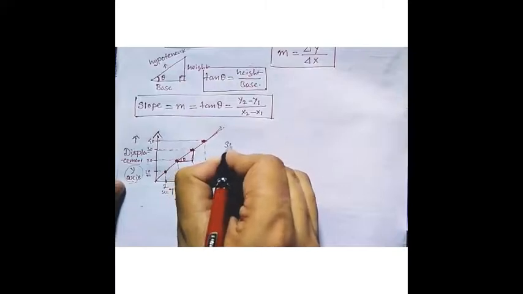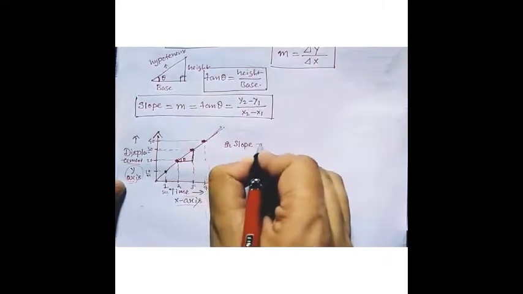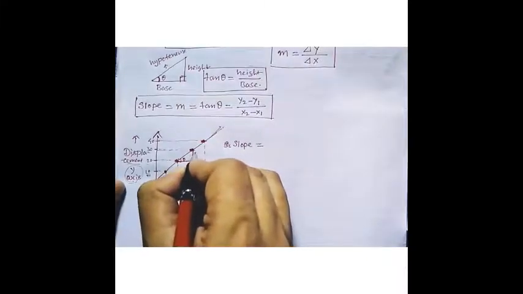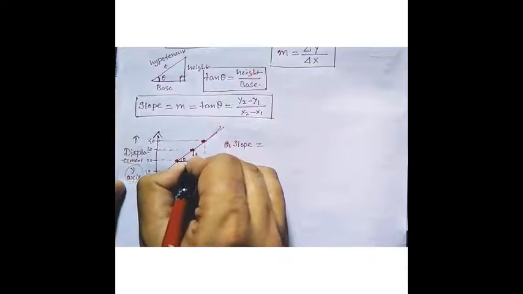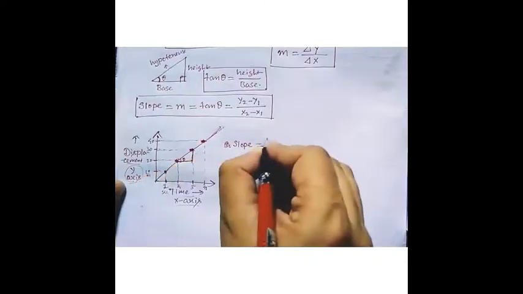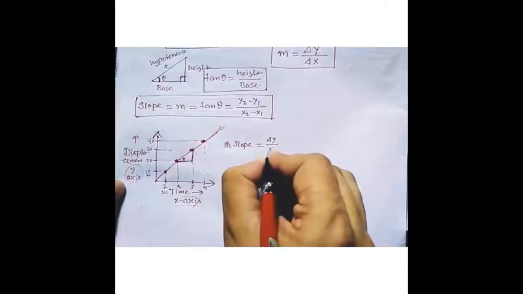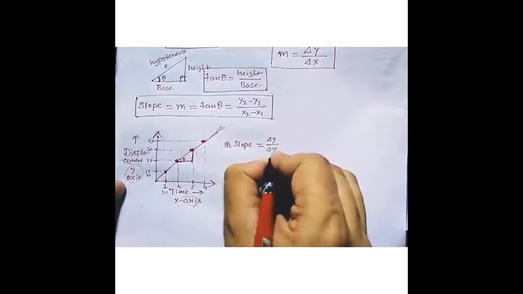Now the slope equals to, this is the height, and the slope equals to del y by del x.